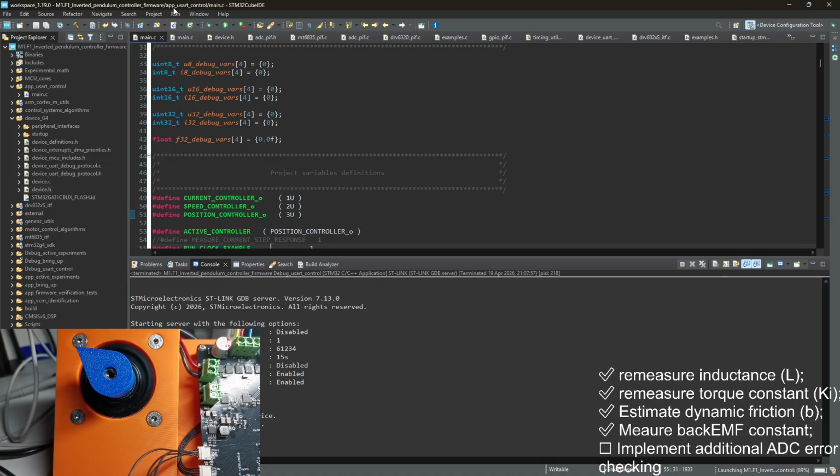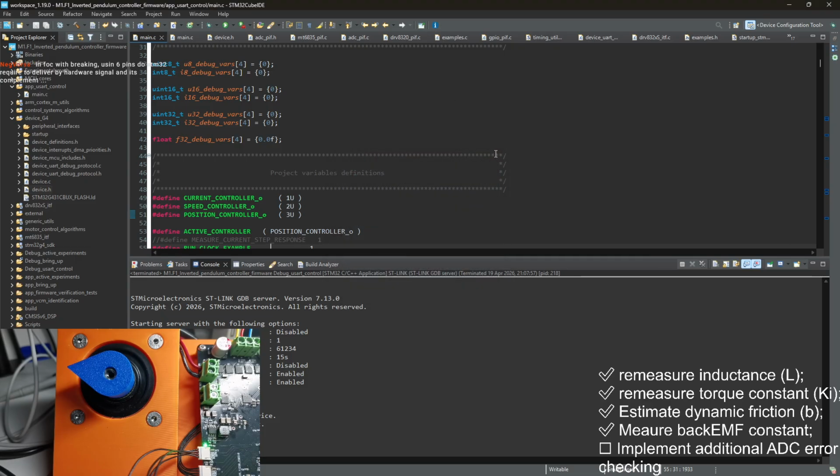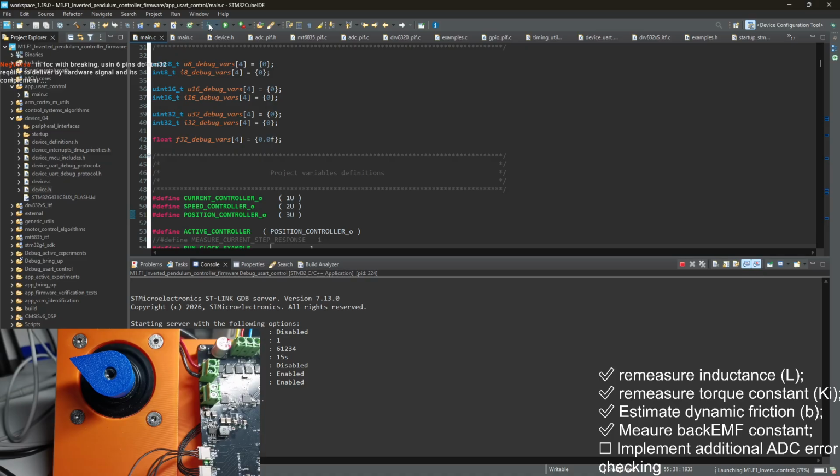Okay, it will not run because I forgot to enable my power supply. Okay, let's turn it on and let's enable flash.